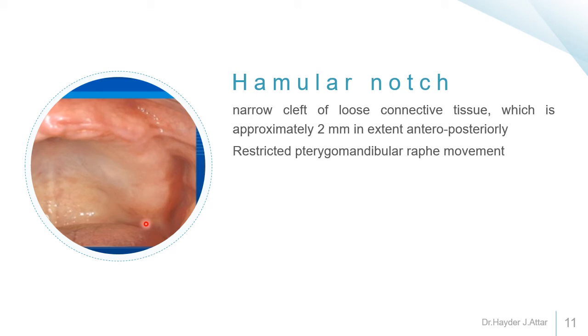The hamular notch has good, loose connective tissue that can provide a good posterior seal for the complete denture, and the denture should not extend beyond this area, beyond the hamular notch, because it could restrict the pterygomandibular raphe movement, because the pterygomandibular raphe is inserted into the hamulus of the palatine bone.